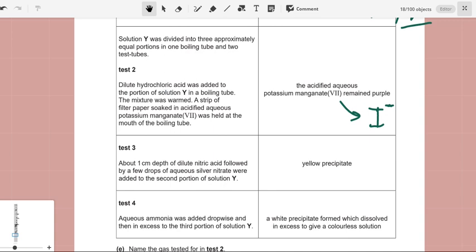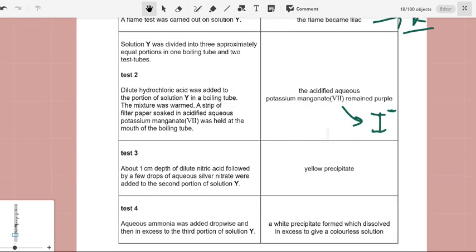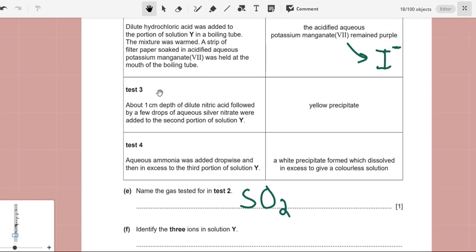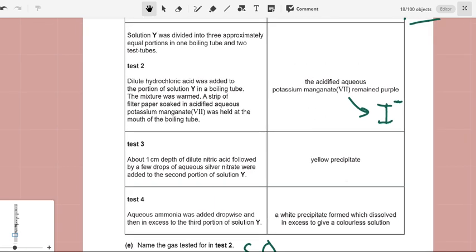So that is sulfur dioxide, that is the gas tested in test 2.